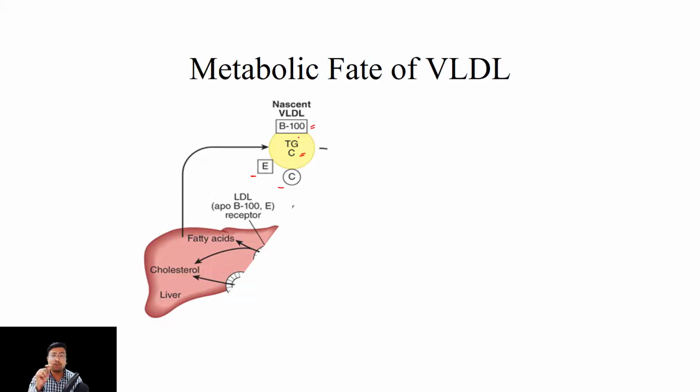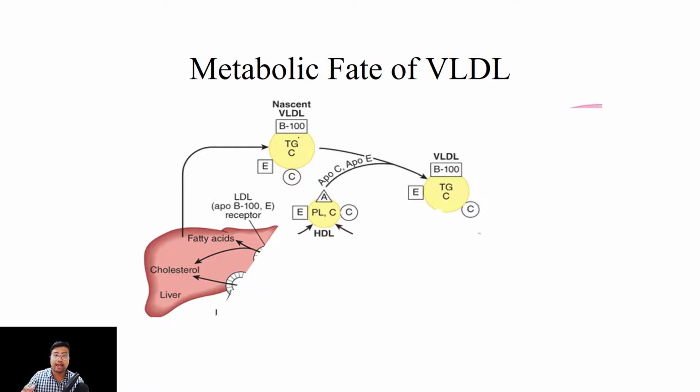Now if you want to relate to chylomicron metabolism, it is almost similar. The difference is that chylomicron was synthesized from intestine, while here it is synthesized from liver, but the next step is absolutely similar: ApoC and ApoE are being donated from HDL.